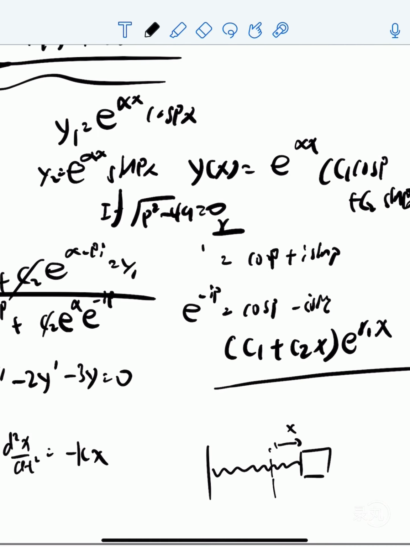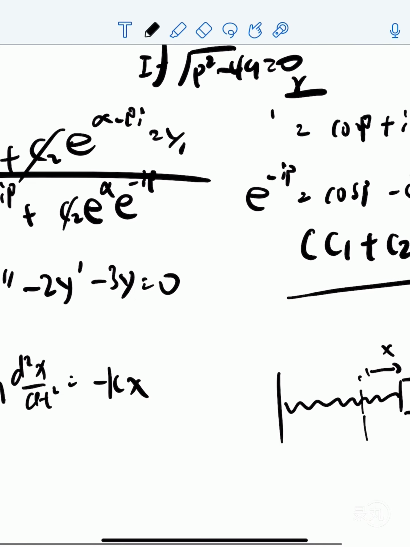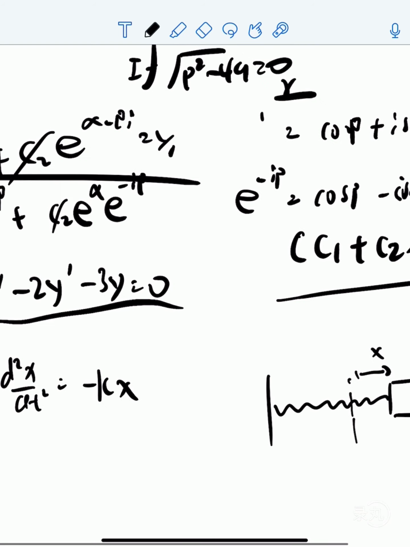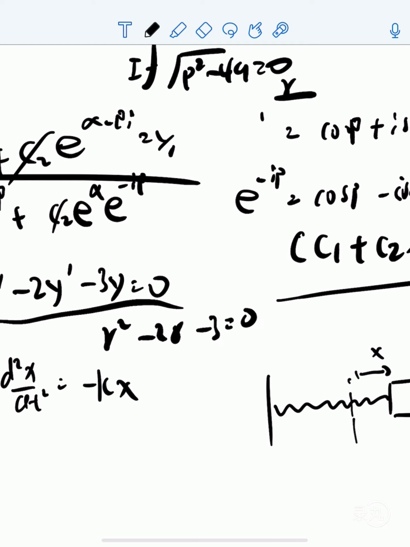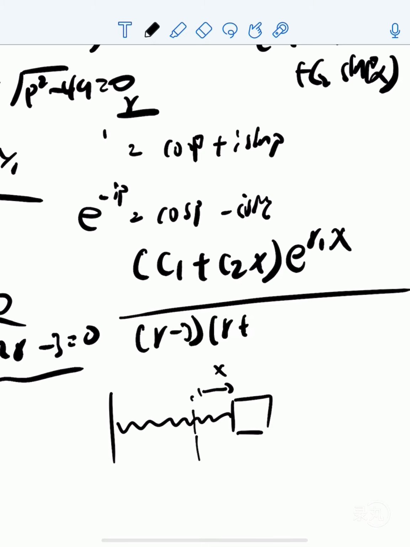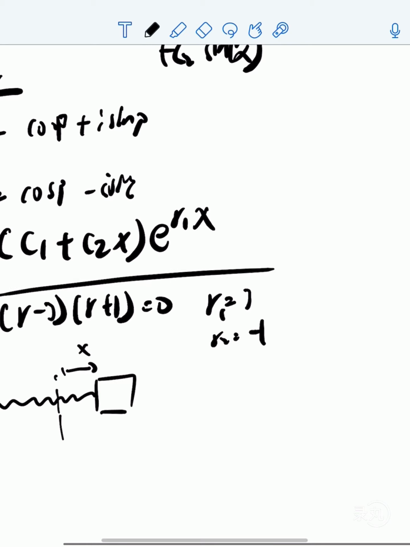Now let's take a look at the example over here. If we just plug in, we're just solving for r. We factor it, and r1 is equal to 3 and r2 is equal to -1.